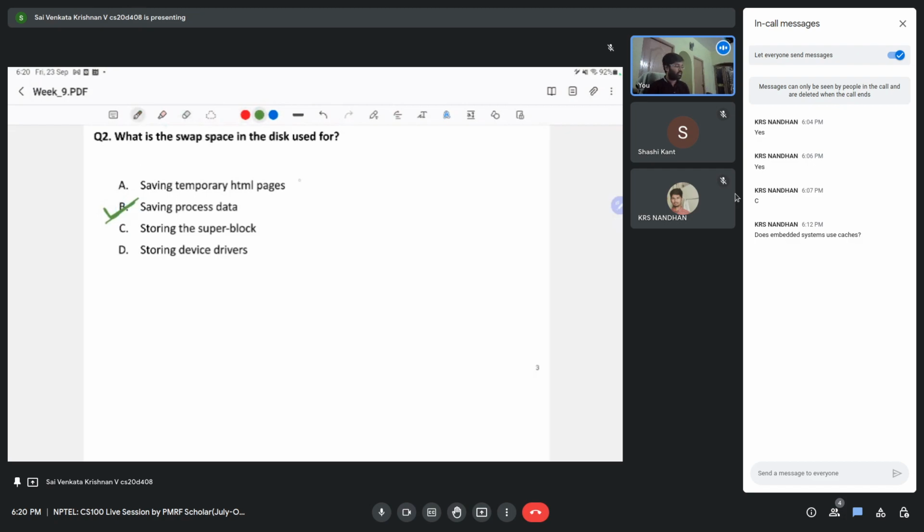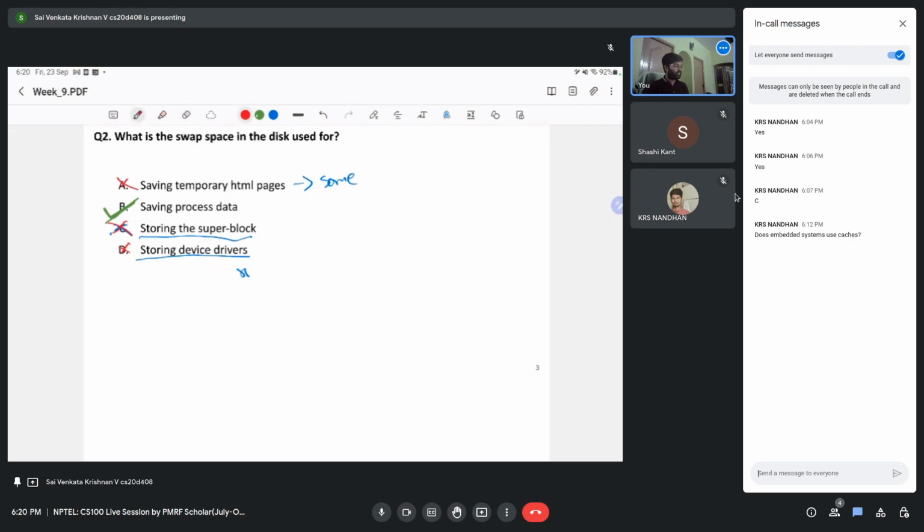Storing the super block is not correct, this is something to do with your underlying disk and storage device. And storing device drivers is nothing but storing your code only, so this is also just a confusing option. So the other options are wrong.